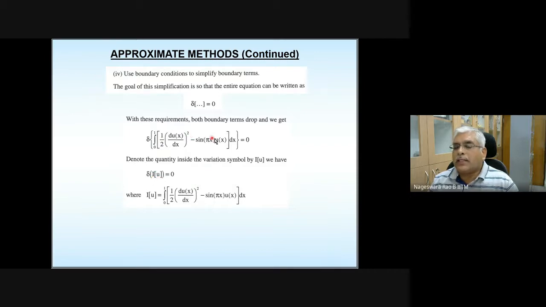This entire thing, whatever is there inside this curly bracket, that is denoted with I. It's function of u, so iu. iu is defined like this. Whatever is there, this term is iu.